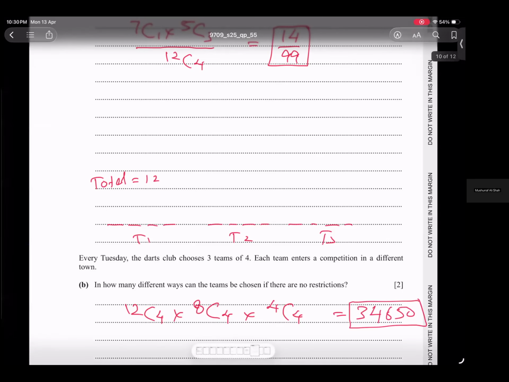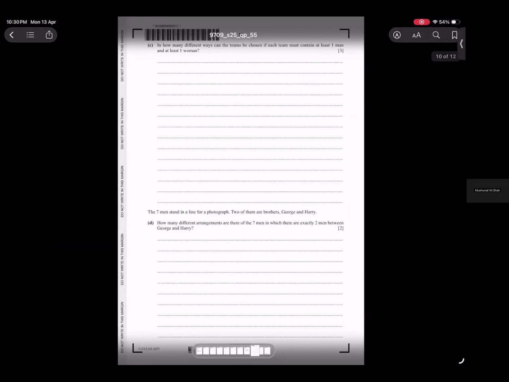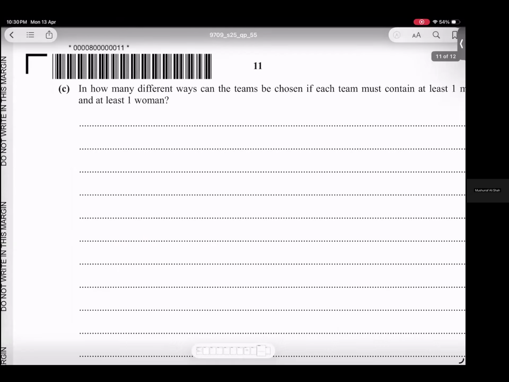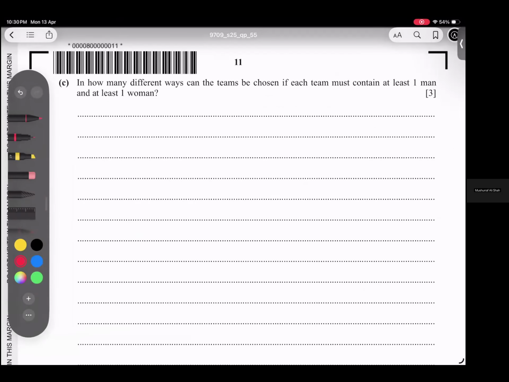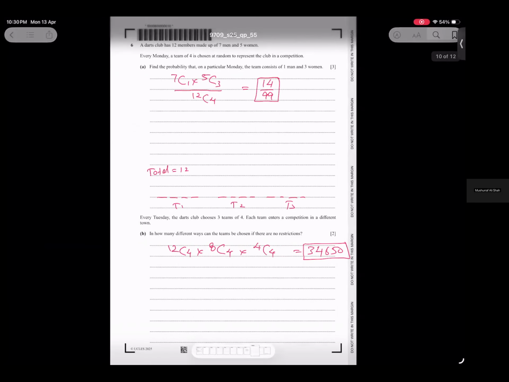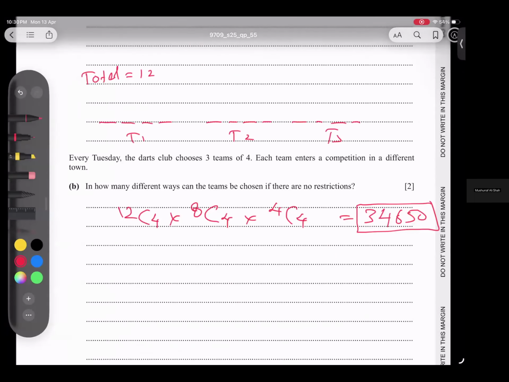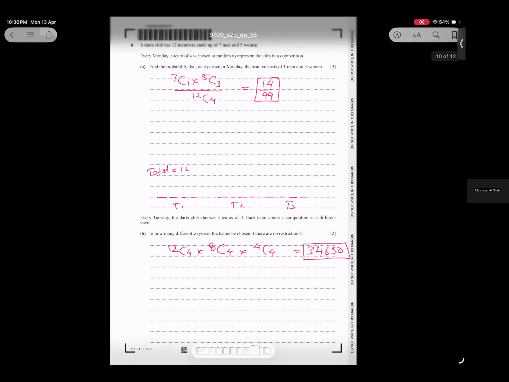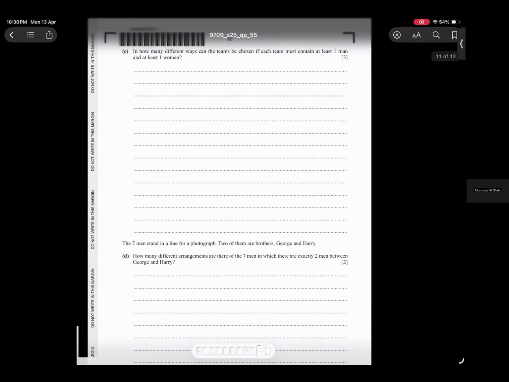Now let's go for the next page. Part C is under the title of the previous part. What title do I talk about? I talk about this title, team of 4. This is an important part because B and C both are under the title of this line. So make sure. Okay. What story do we have in this question?